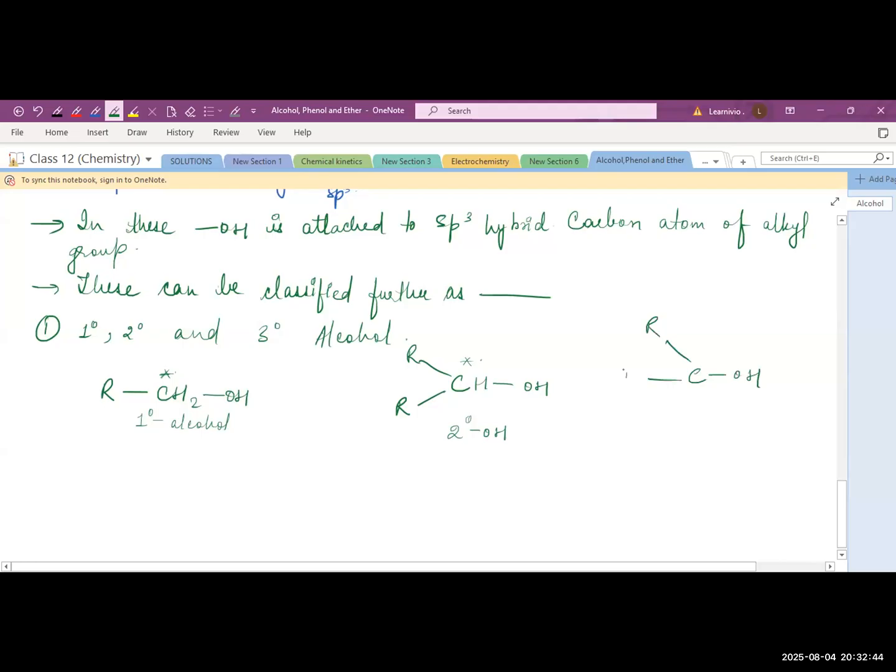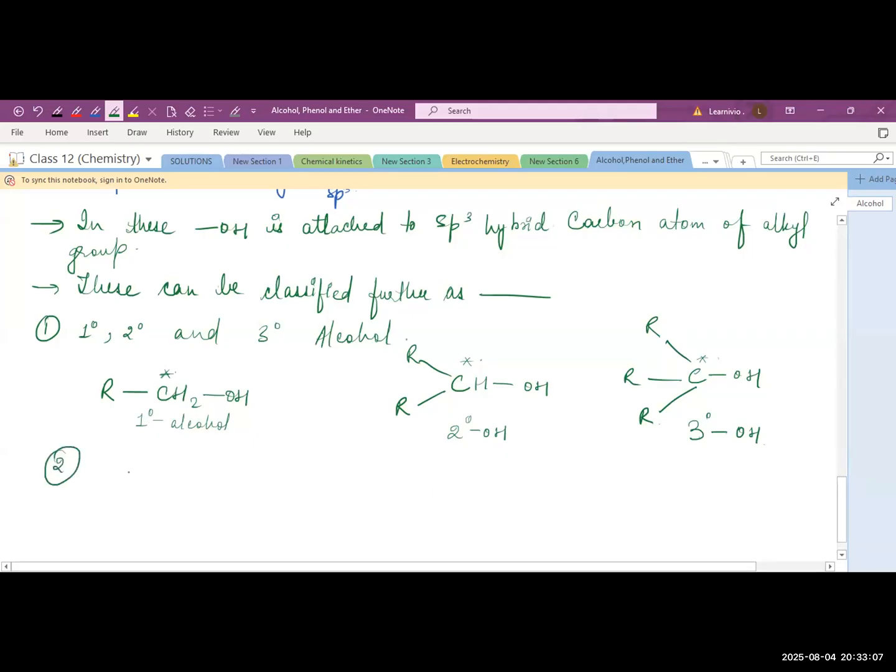It will be attached to three groups, three substituents over here. So this carbon is basically a tertiary carbon, and this whole is known as tertiary alcohol. Tertiary OH or tertiary alcohol, you can say. Basically these are classified in three types: primary, secondary, and tertiary.